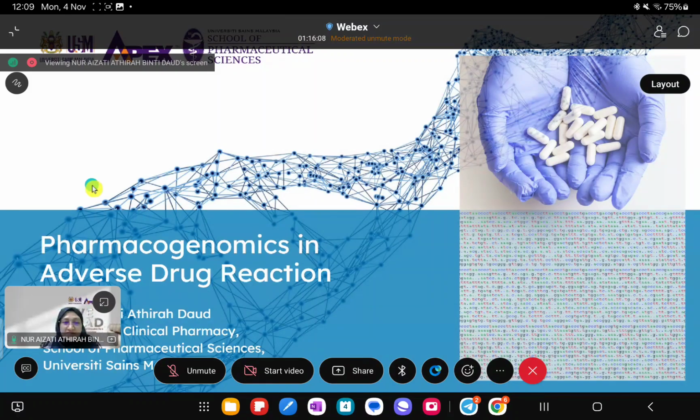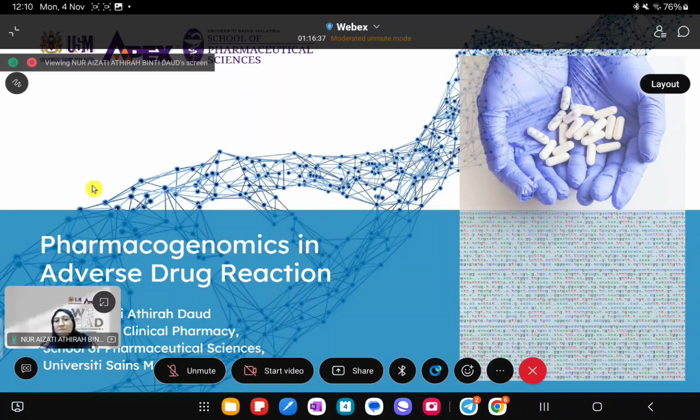Pharmacogenomics in adverse drug reaction. Okay, so this is actually an important role in which we can prevent adverse drug reactions, especially if the adverse drug reaction is life-threatening. Because you imagine if the patient, kita tak tahu pun dia akan dapat that side effect, that ADR, right?